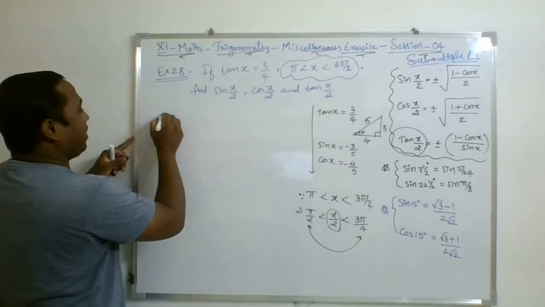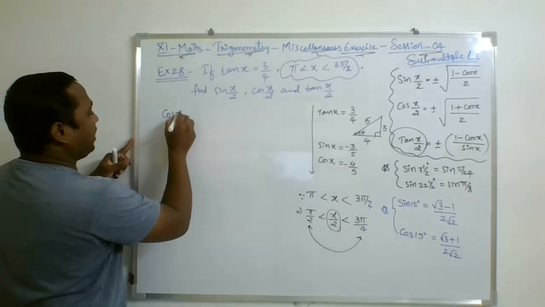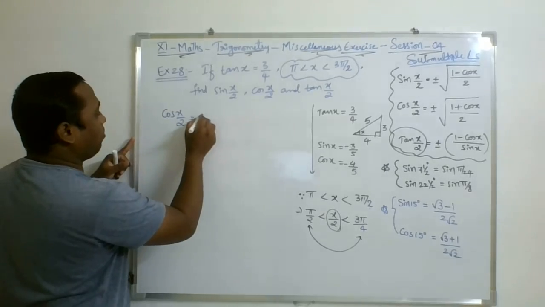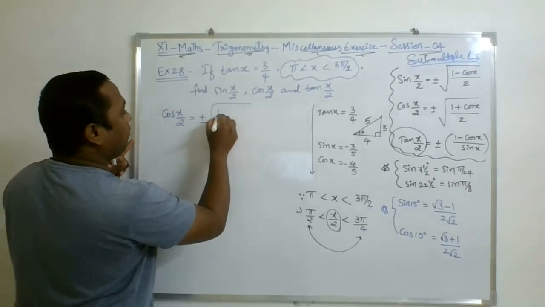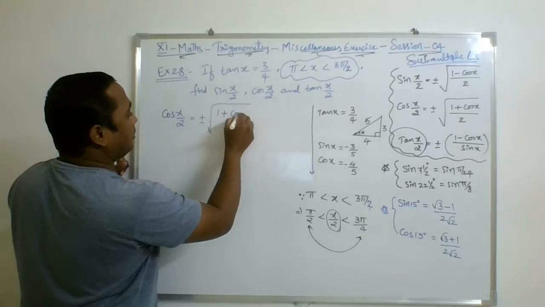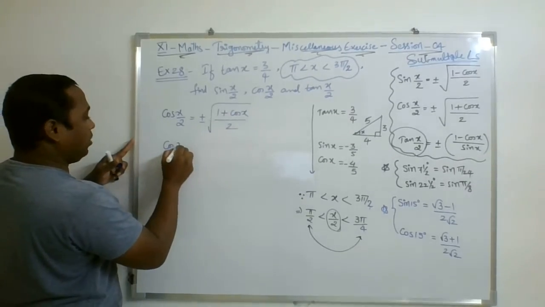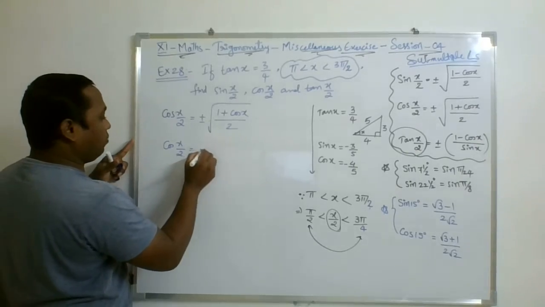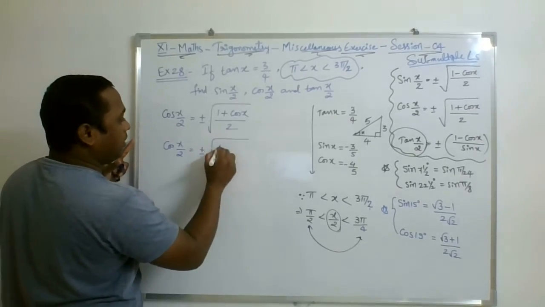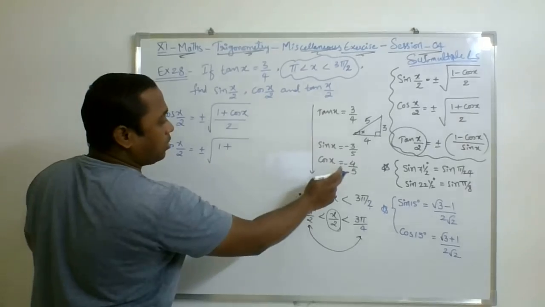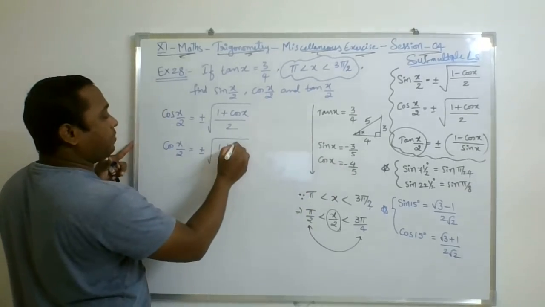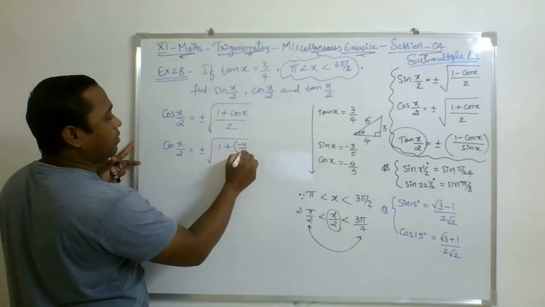Only now I am finding cos x by 2 value. Formula is under root of 1 plus cos x by 2. So cos x by 2 is equal to plus minus. Cos x value is what? Minus 4 by 5. Just substitute that value here.